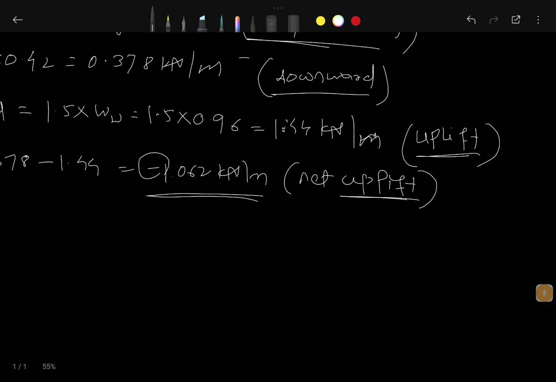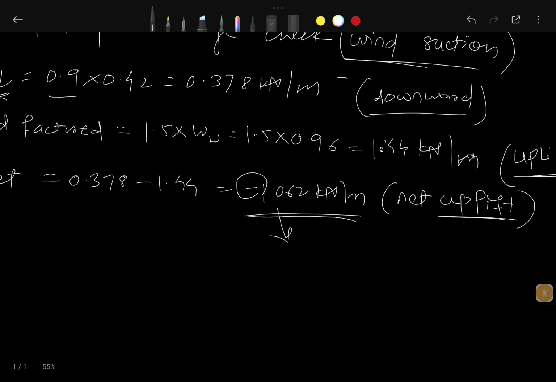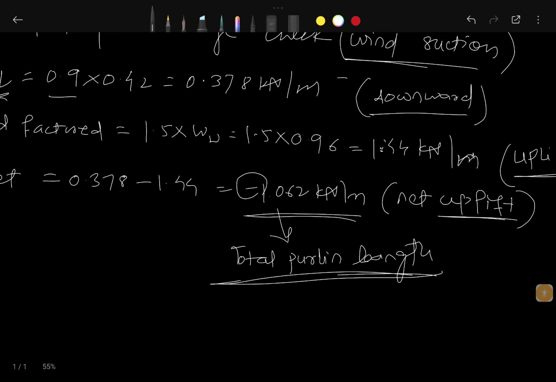Design the connection or anchor bolt and rafter attachment to resist this uplift per unit length, multiplied by the length of purlin to get total uplift. If you want the total uplift force, we multiply this value with the total purlin length. Then we can get the total uplift load which acts on that purlin.